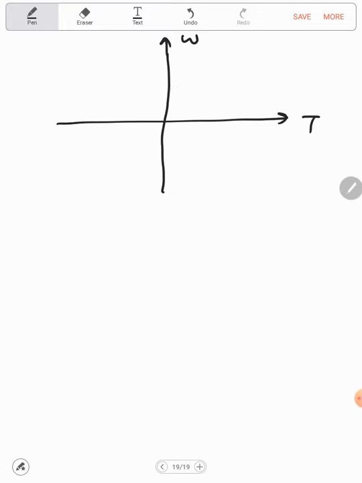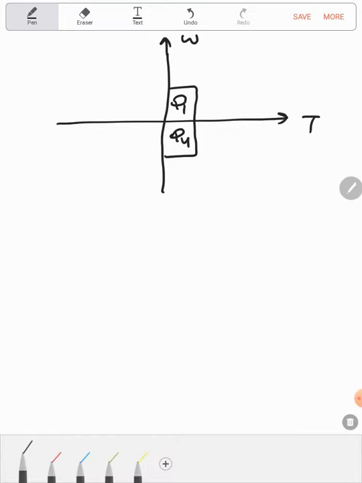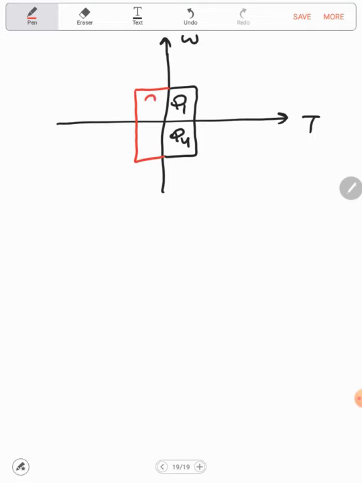Here we have Q1 and Q4 for the first converter, and here we have Q2 and Q3 due to the second converter. Here the voltage is positive, so Q1 is taking the advantage, so alpha 1 must be greater than 0 and less than 90, and automatically alpha 2 will equal pi minus alpha 1.